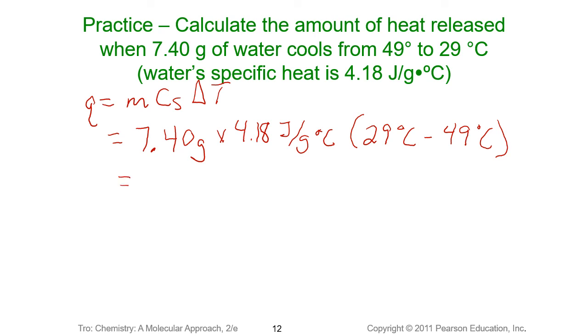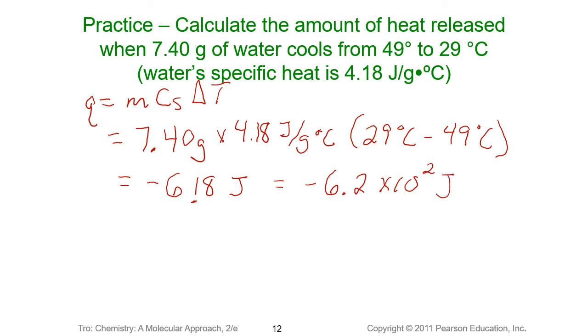In this case, we get a heat equal to negative 618 joules. If we look at our significant figures, we should only have two significant figures from our temperature. So negative 6.2 times 10 to the second joules.